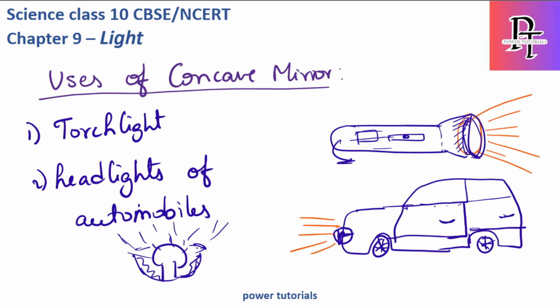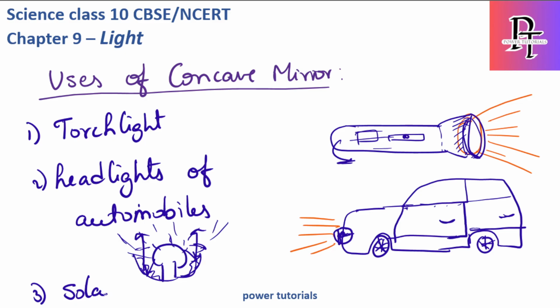How the light is projecting over more distance means this light is falling on this concave mirror and then it is getting reflected. Okay, that's why it is getting transmitted to a larger distance, and this light mostly will be placed at the focus of the concave mirror so that it will have reflection to infinity.